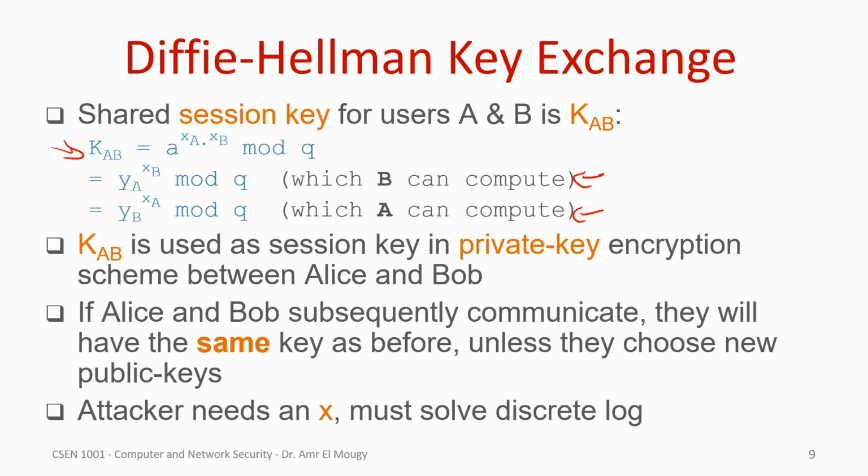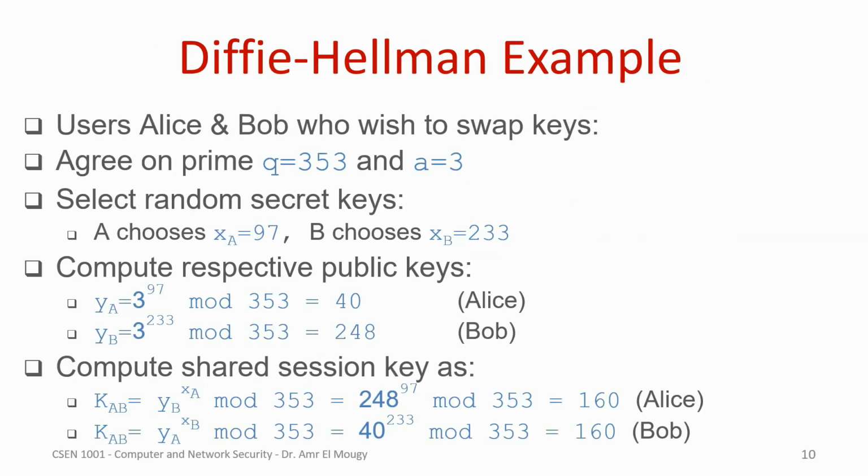A can compute this one because it has the public key of B and raises it to the power of its own private key. Both parties choose their own private key securely and they don't exchange the private key with anyone. They calculate the public key and exchange it with each other and use that to calculate the shared key.